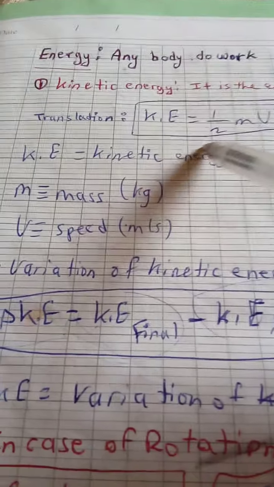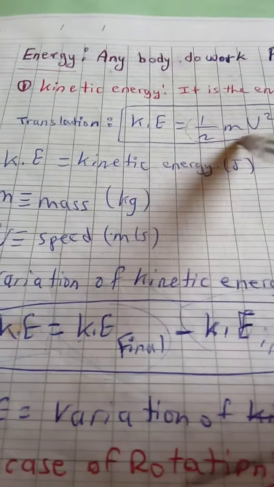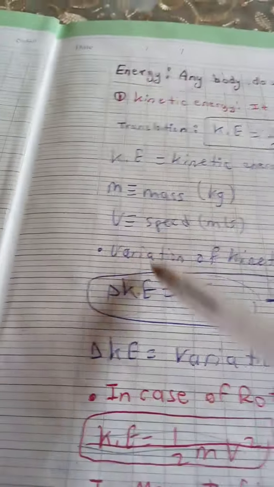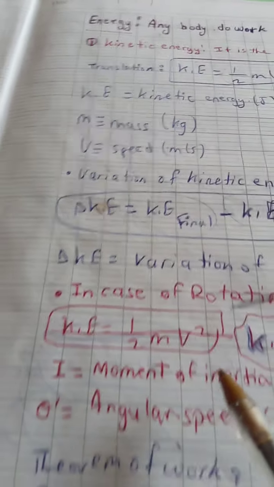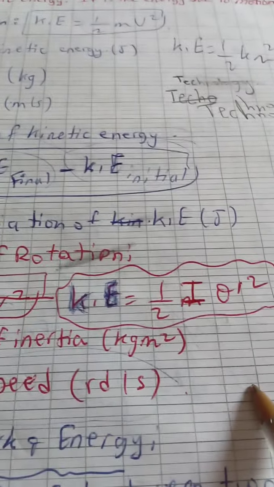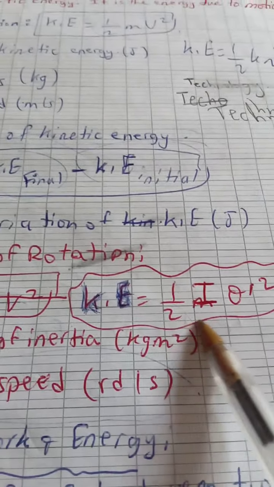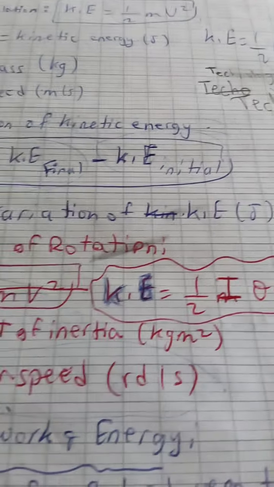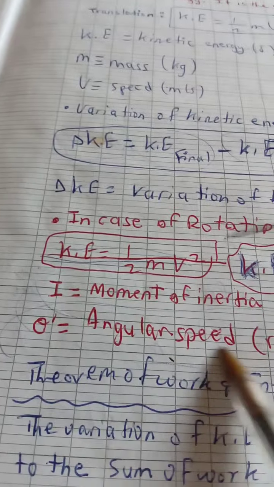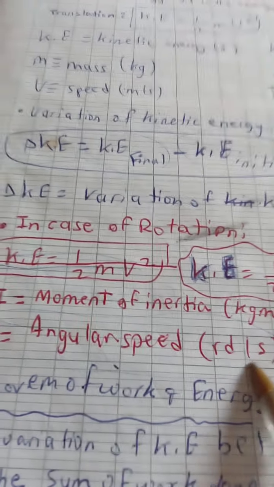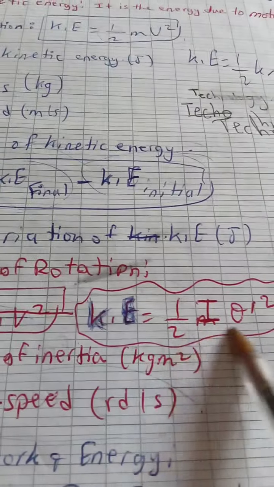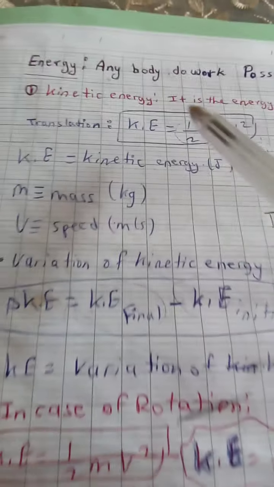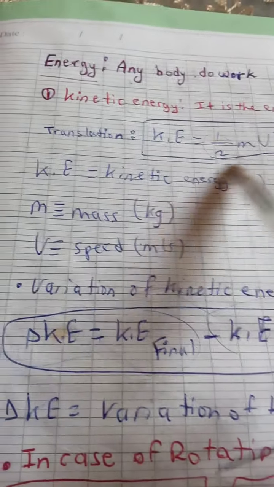Kinetic energy in translation equals half mv square, and in rotation kinetic energy equals half I theta prime square. Theta prime is the angular speed in radian per second. Here in rotation we use this, and here in translation.